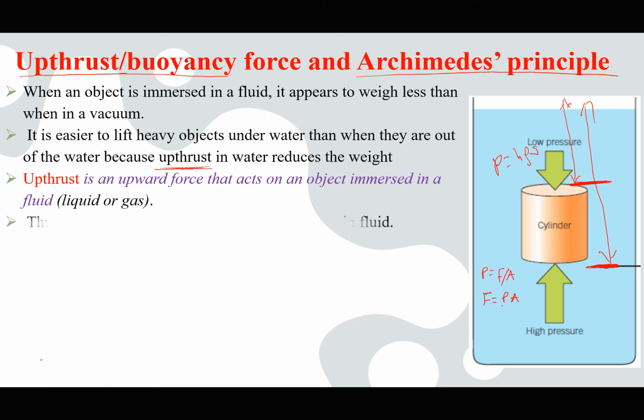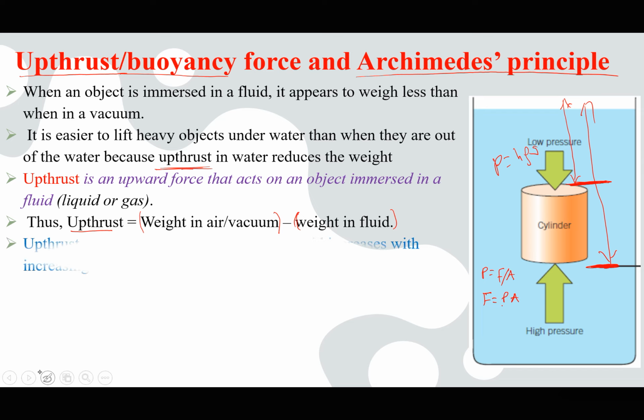Therefore, the upthrust is the difference between the weight of the object in air or in a vacuum, minus the weight of the object in a fluid or in a liquid. So the upthrust is the weight in air or in a vacuum minus the weight in the liquid. We call it the apparent weight.